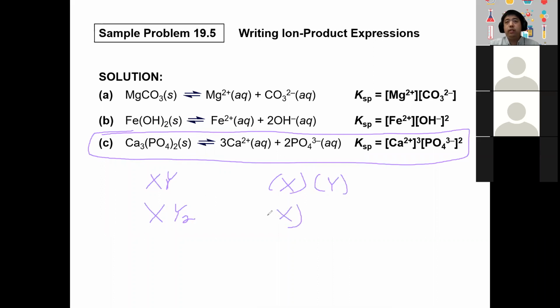So then you have your X here, you have your Y here, and then that is squared, because that 2 eventually changes into X plus 2Y, okay? And then you also have the occasional X, Y, 3. Same concept here. You have your X there, you have your Y, and then that's to the third, okay? Any questions?